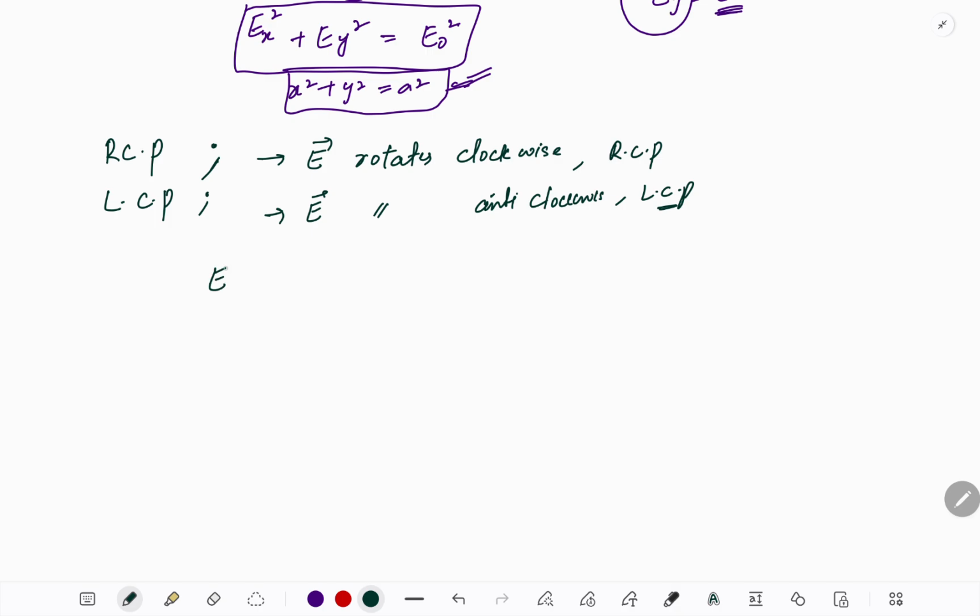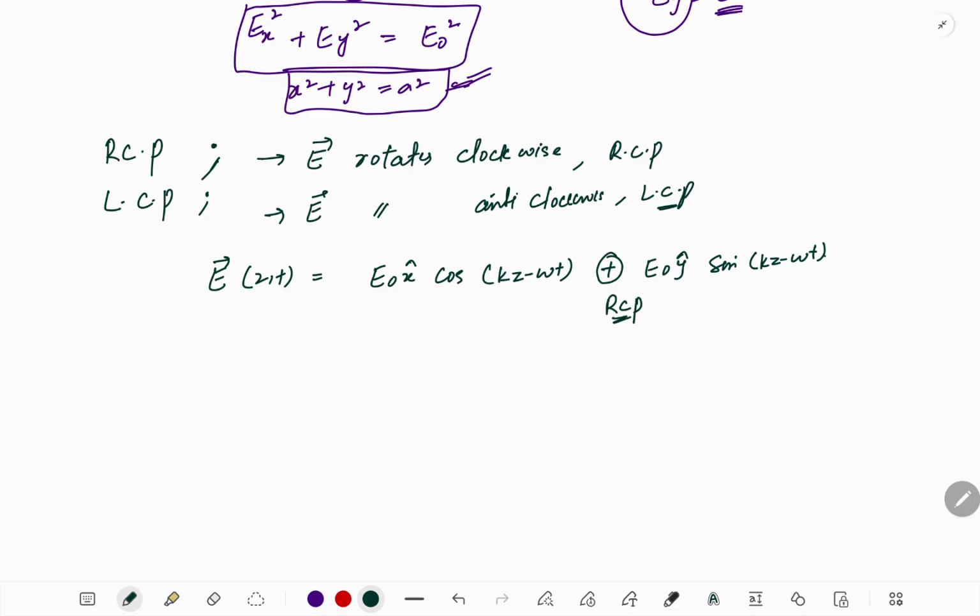If there is a plus sign between the x and y components, let me tell you how. This is the wave propagating along the z direction. If I write E naught x cap cos of kz minus omega t plus E naught y cap sine of kz minus omega t, see there is a plus sign between, so it is actually right circular polarization.